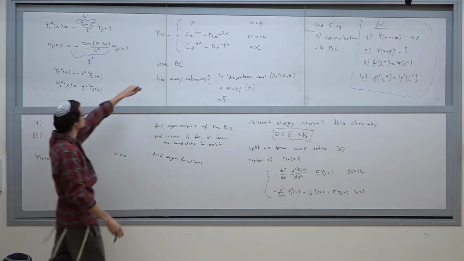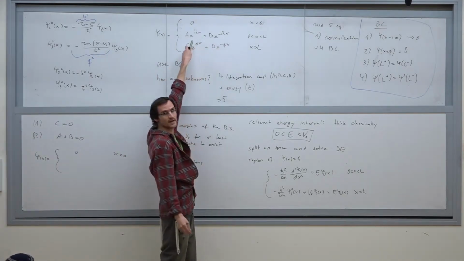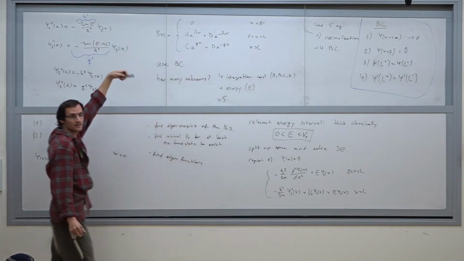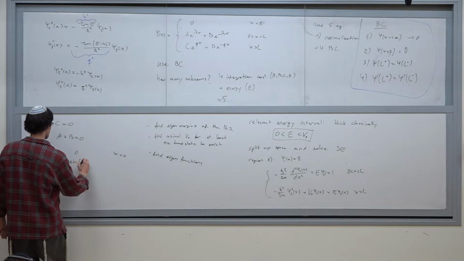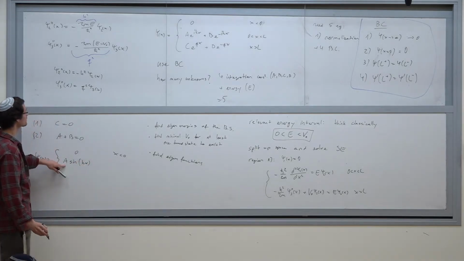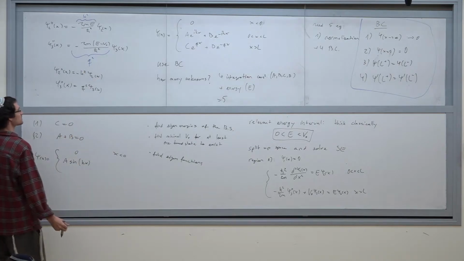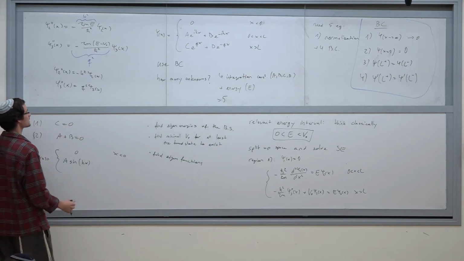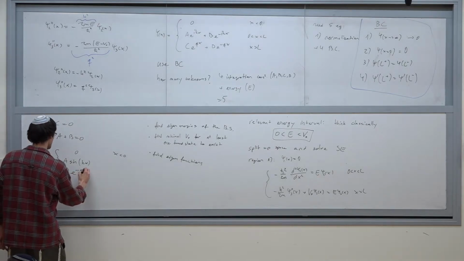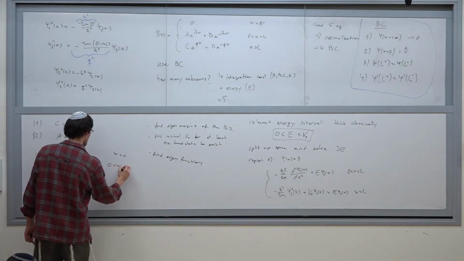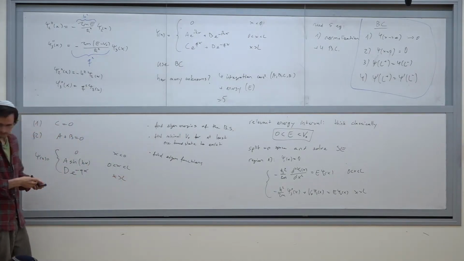If A equals minus B, we get a sine here, right? e to the ikx minus e to the minus ikx. It's a sine. So we get A sine kx. This A is different than that A, but we don't care about that. It's just a constant. You can swallow other constants as it goes along. And since C equals 0, we have D e to the minus qx. Okay, the problem has already been reduced to almost half.